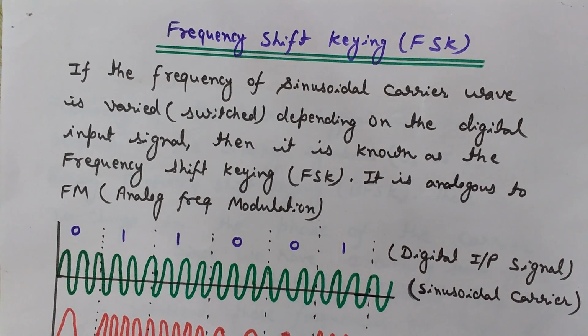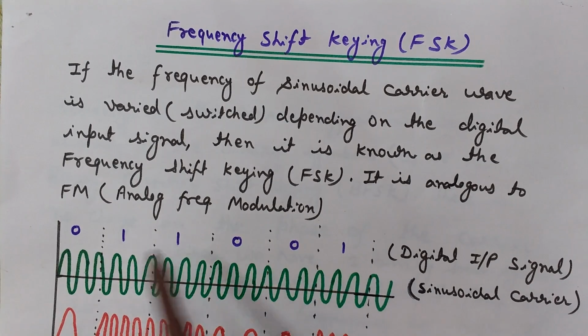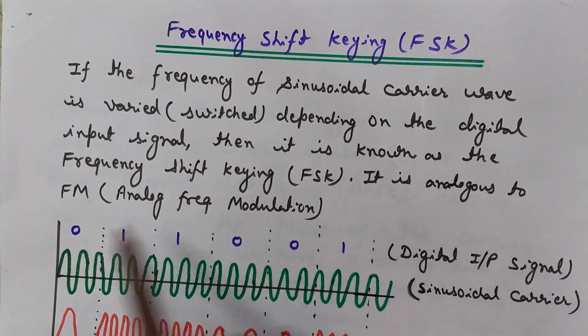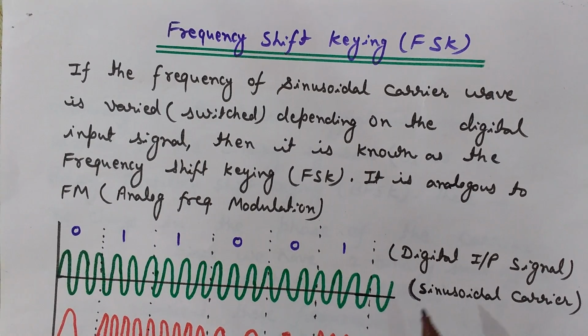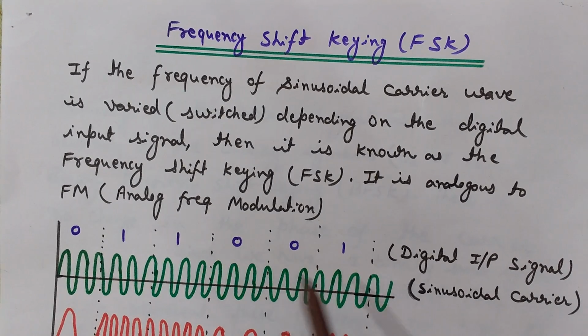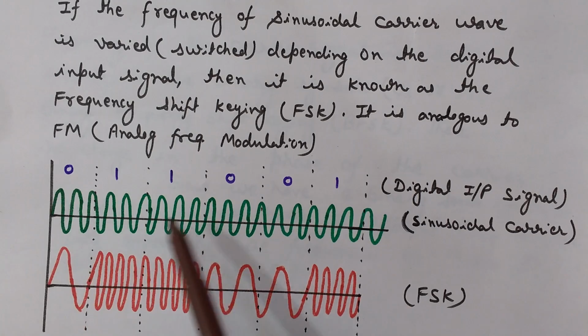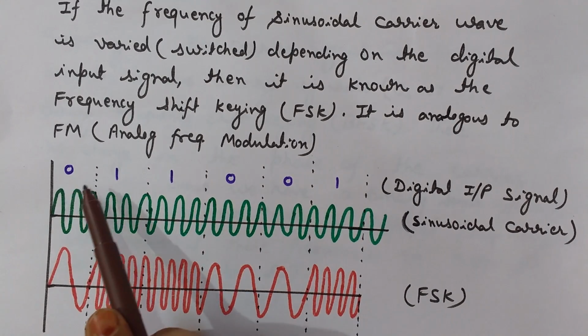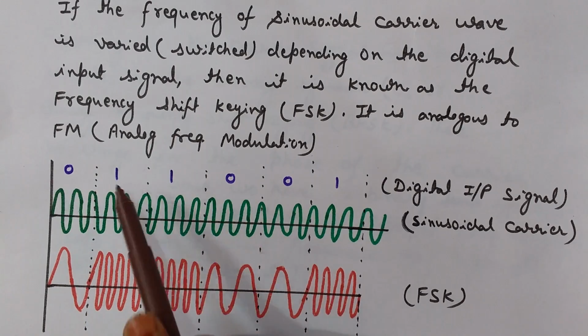If we talk about binary FSK, then we have only two symbols, that is 0 and 1. First symbol is 0 and another is 1. That's why it is known as binary FSK, because here we vary the frequency of this carrier wave according to the variations in the digital input signal.